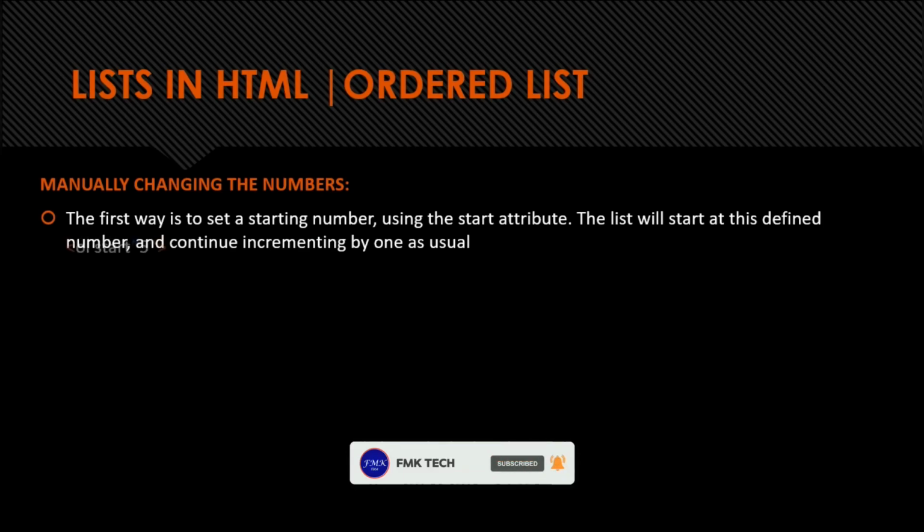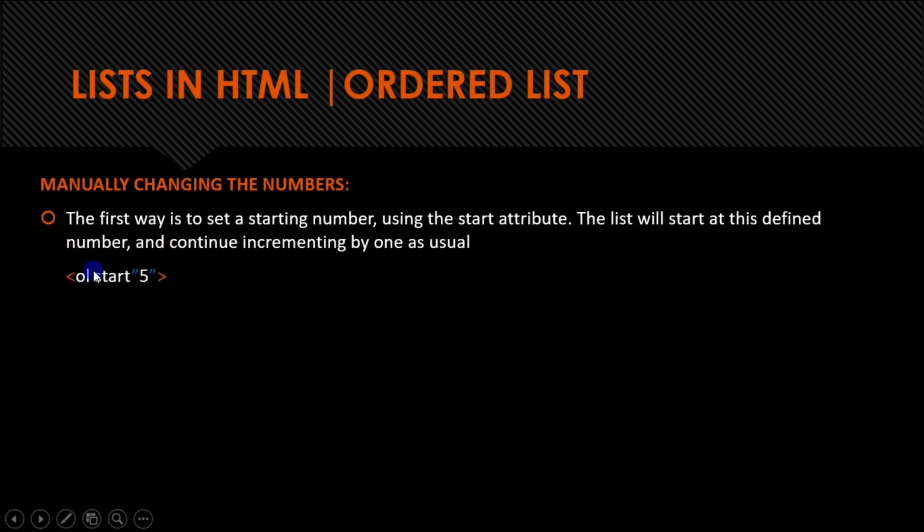Look at here, I have given you an example. This is our OL tag. You just have to write down the start attribute, and after that, the number you want it to start from, 5. You can write your own number. After that, you can simply write down your list items, no problem.